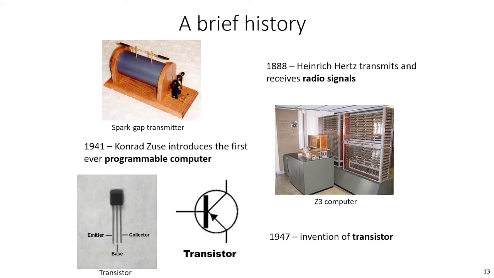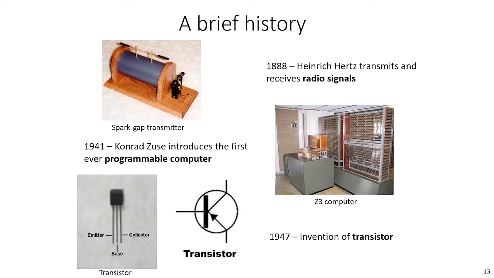And later we also used electricity as a signal, for control systems and for communication. This is known as electronic devices. So later we started using electricity firstly for radio signals, by Heinrich Hertz, who first transmitted and received radio signals.